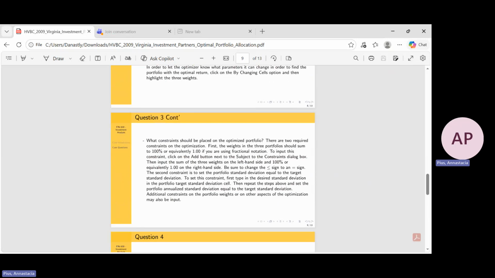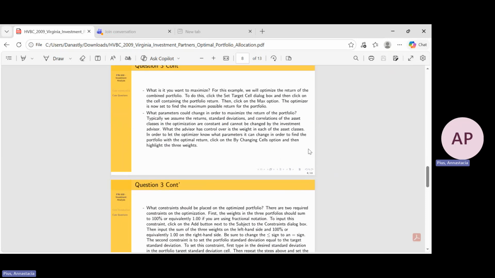The reason why we have chosen those as the constraints is that there was a restriction. We were assuming typically that as an advisor, I only have control over the weights in each of the asset classes. And in order to optimize, I needed to know the parameters that can change. There were a few constants, and the constants assumed for the model are the returns.